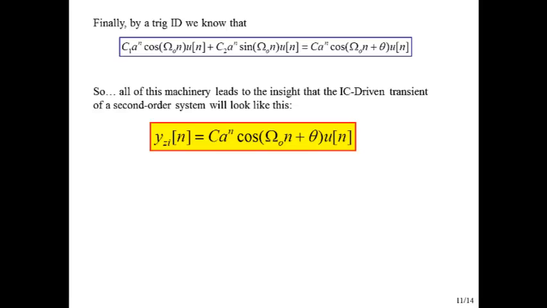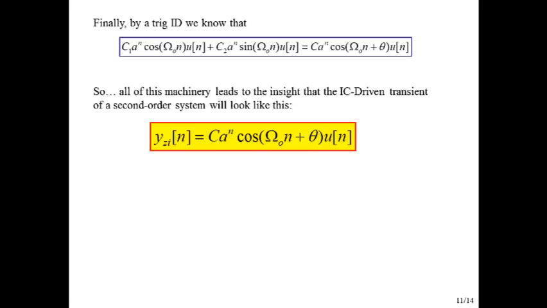What that tells us is that a second order difference equation system will have this kind of potential behavior. And depending on what C is, what theta is, and in particular what A and omega 0 are, they will tell us what the behavior of this is.